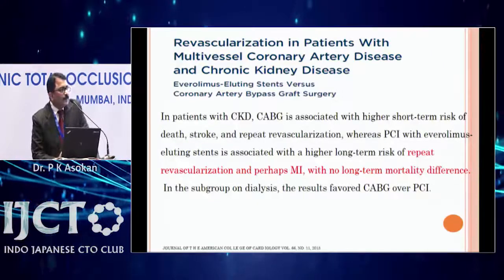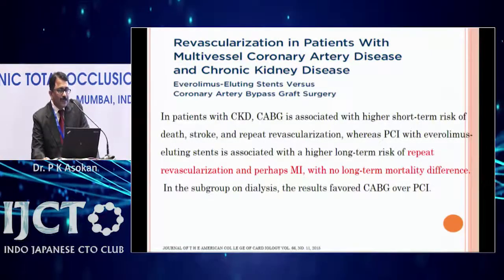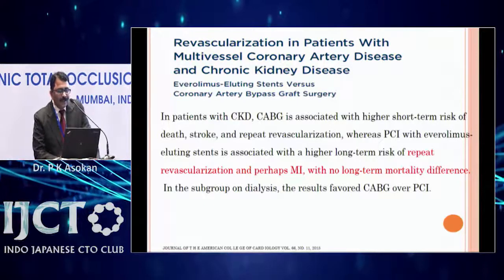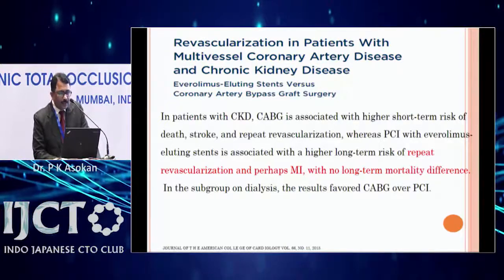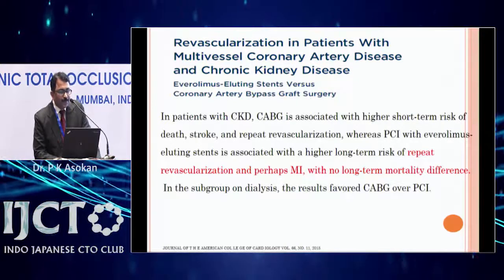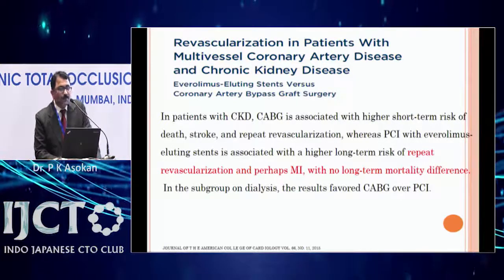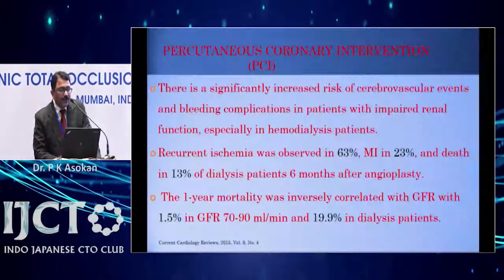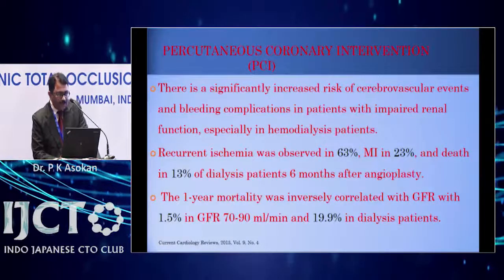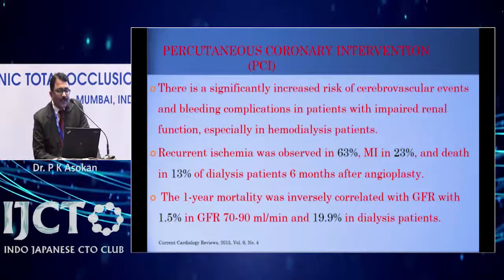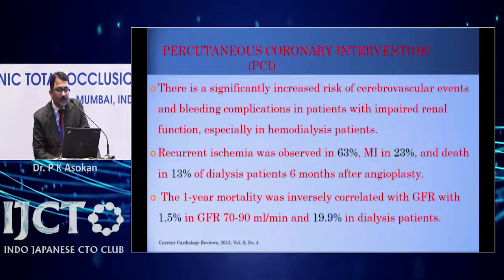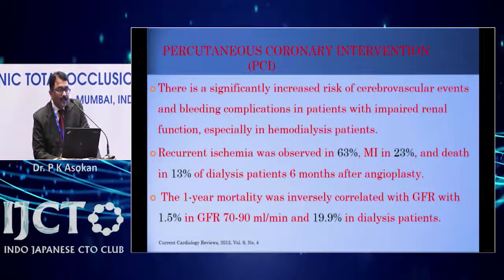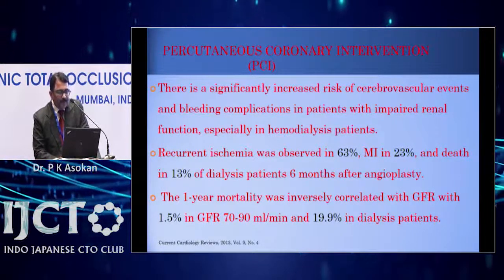So, what is the strategy? Revascularization strategy. In patients with multivessel disease, we know that revascularization is associated with decreased long-term mortality, and repeat revascularization perhaps with MI, with no long-term mortality differences. If you do PCI in a CKD patient, there is a significantly increased risk of cerebrovascular events and bleeding complications in patients with impaired renal function, especially in hemodialysis patients.